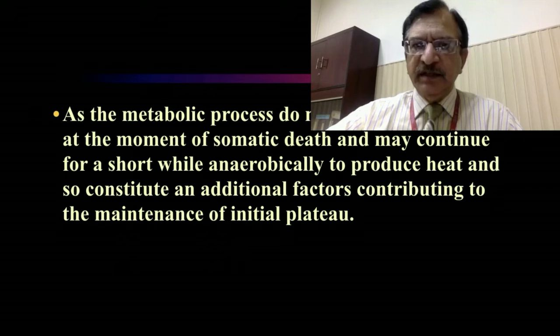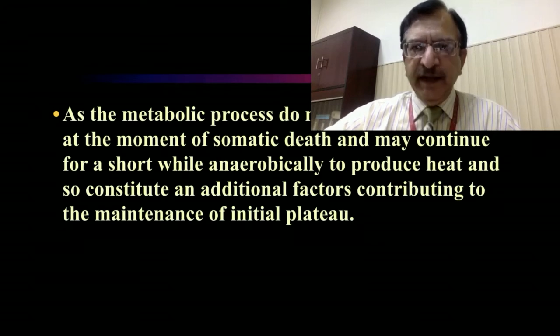But there is anaerobic glycogenolysis. The glycogen is within the muscles, and this metabolism going on anaerobically, for a short time, produces heat, and it constitutes another factor which contributes to maintaining the initial temperature, which is the initial plateau of the graph which we will develop.